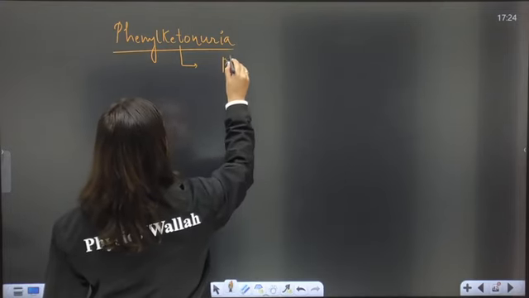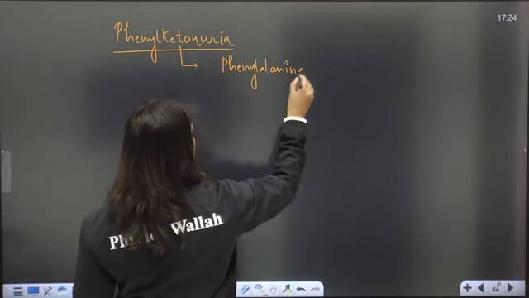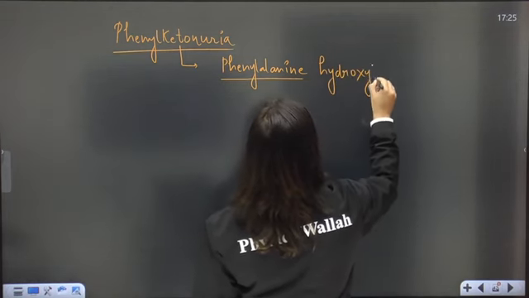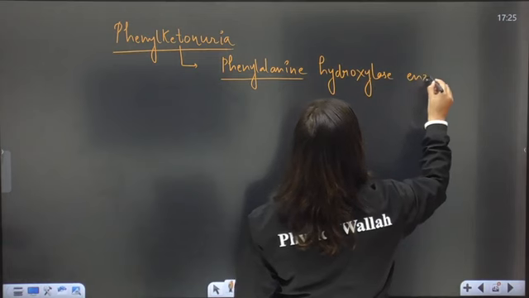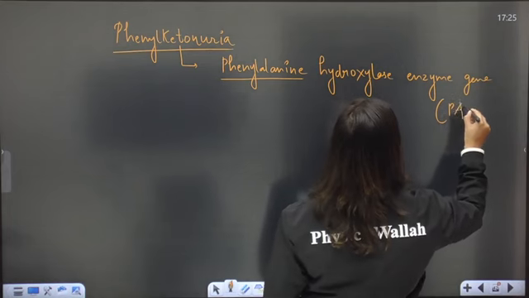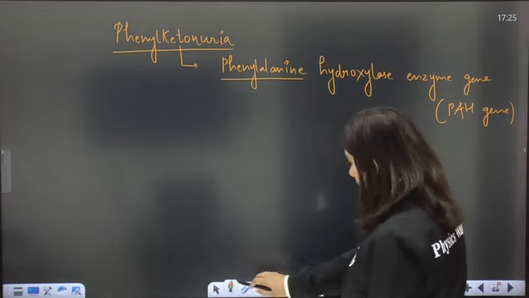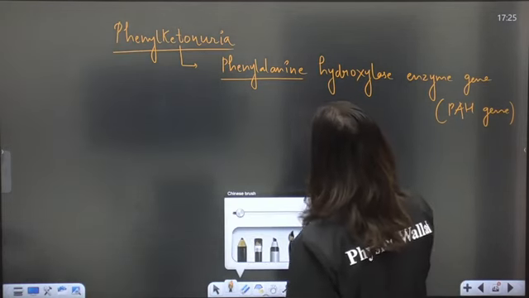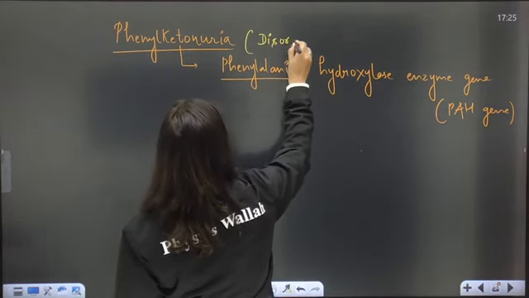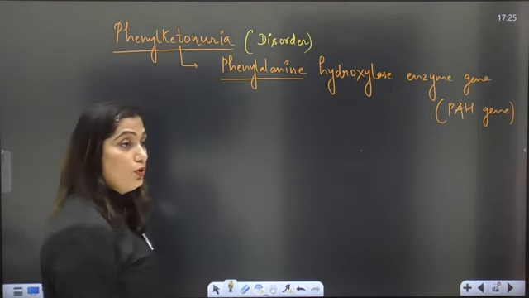That gene is the phenylalanine hydroxylase enzyme gene. It's also called the PAH gene. So what happens during phenylketonuria? It's a genetic disorder. During this disease, this particular gene becomes mutated.